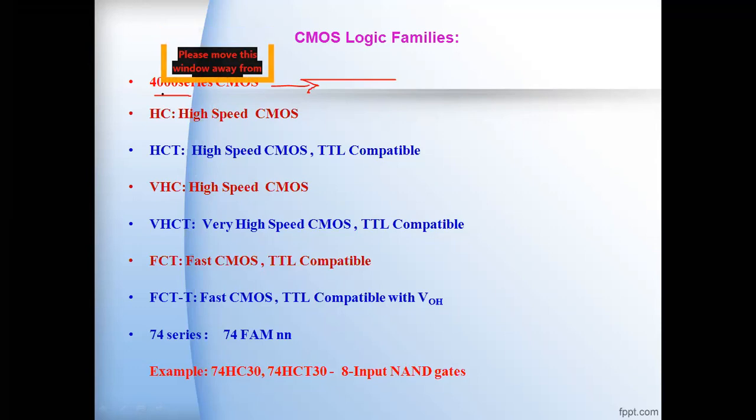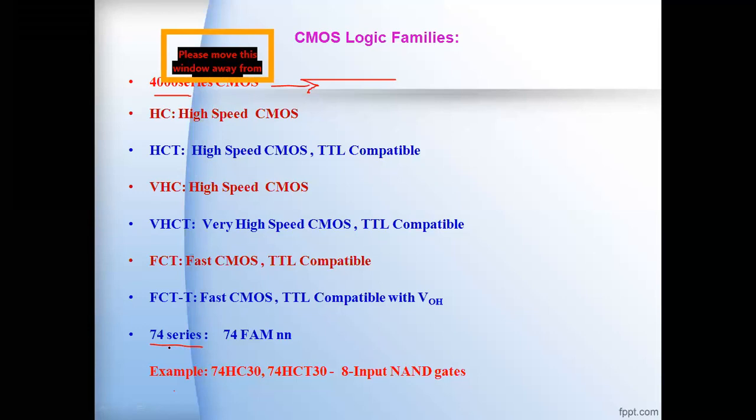Later they had a part number identified with the 74 series, similar to that of TTL logic. In CMOS also we have the 74 series. It is the part number to identify all CMOS devices.